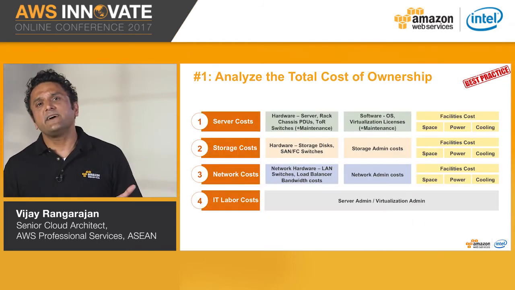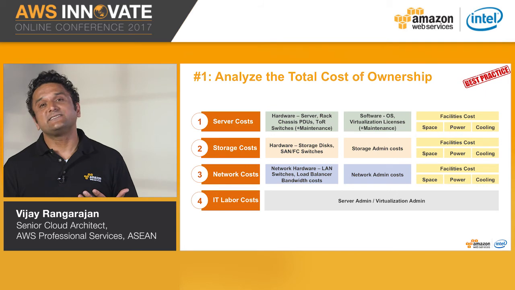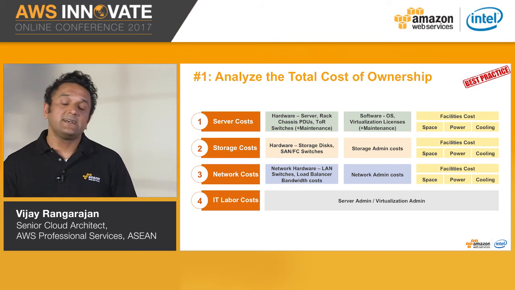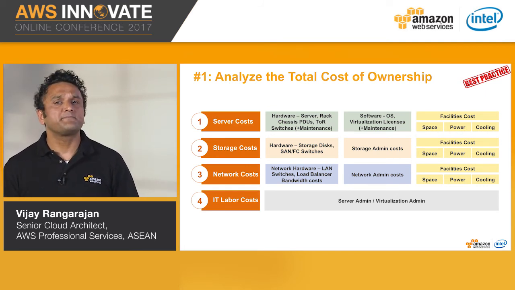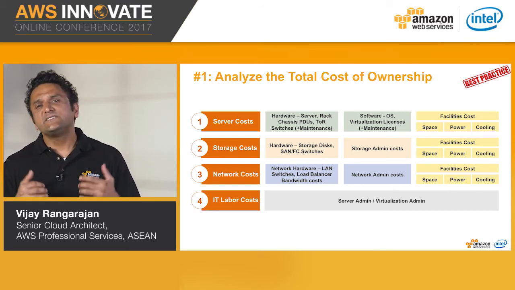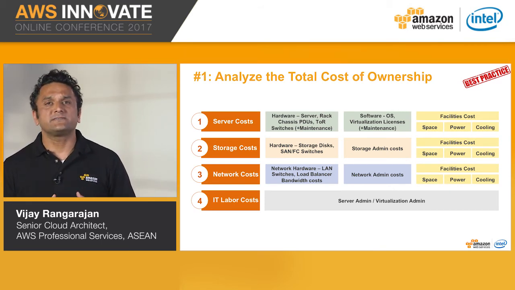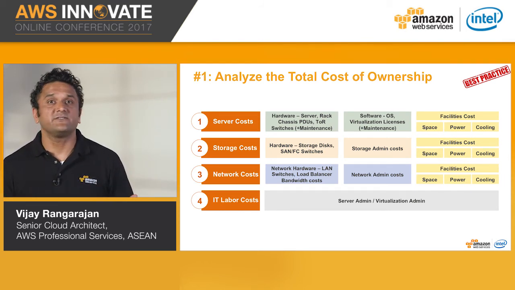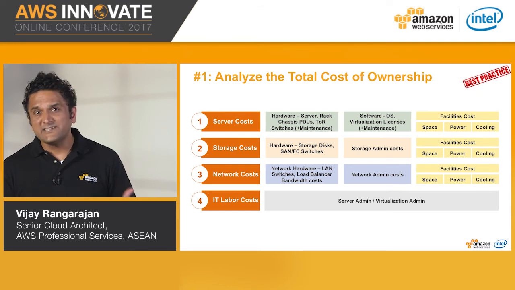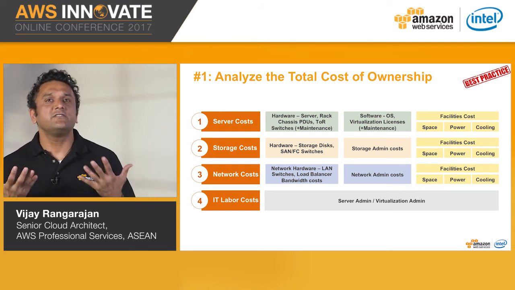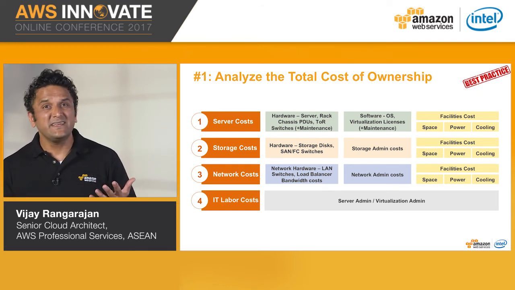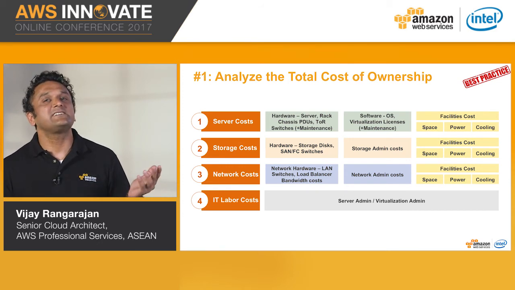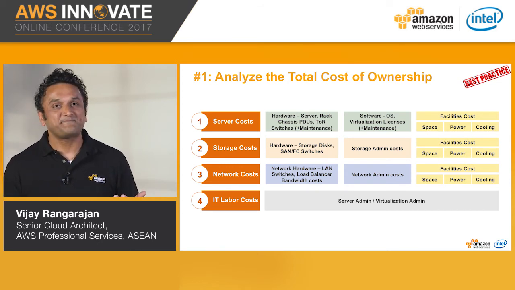Now let's look at some of the other best practices which you need to consider during migrations. Best practice number 1, always analyze your total cost of ownership. It's very important to know your cost. Why? Most organizations today perform total cost of ownership calculations, but unfortunately do not know the TCO of an individual app, because somebody in the IT team is cutting a big fat check, as in the past.